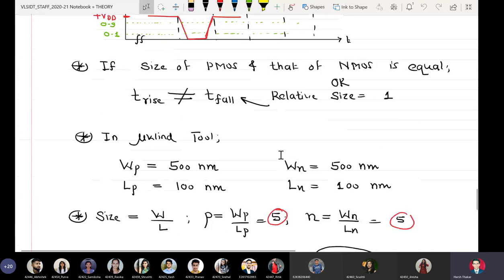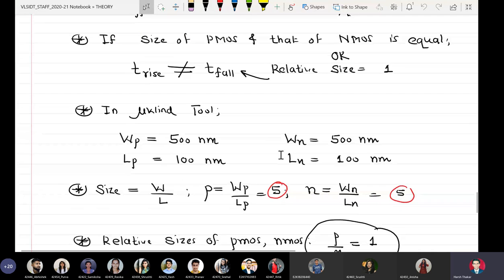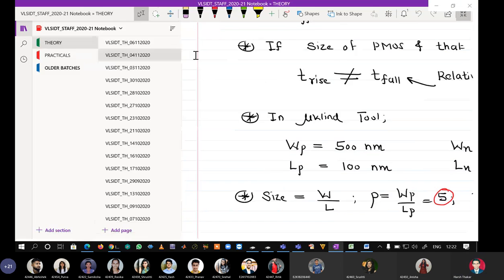So when we use equal size MOSFETs in the pull up and pull down logic, we are not able to achieve the desired expectations from the CMOS logic family. The reasons why we do not get equal rise and fall times, we are going to discuss today.